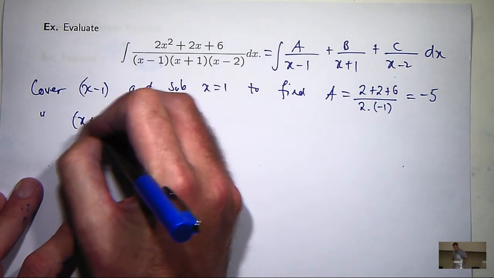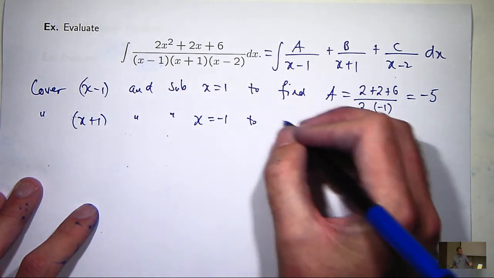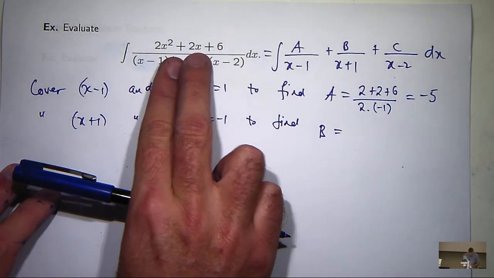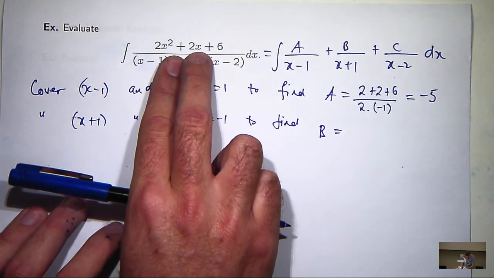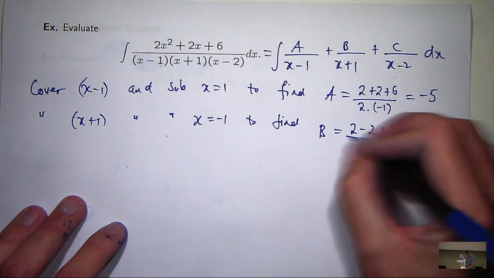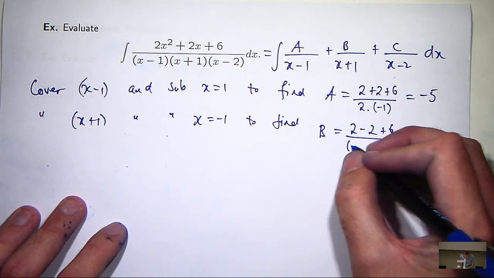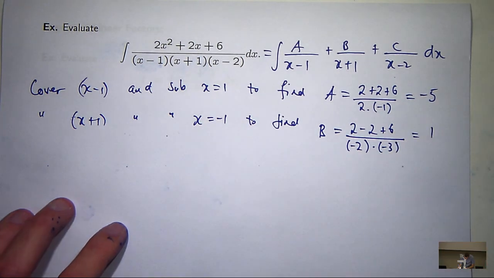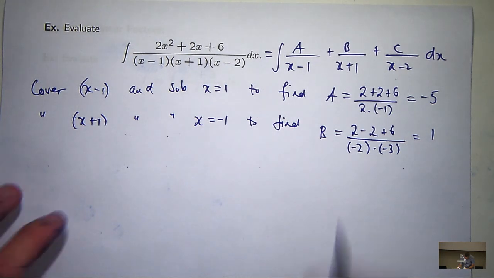All right, and the last one is C. So we're going to cover x minus 2 in our integrand and substitute in x equals 2. Okay, so we're going to get something like 8 plus 4 plus 6, over 1 times 3. So if I work that out, hopefully I get 6.